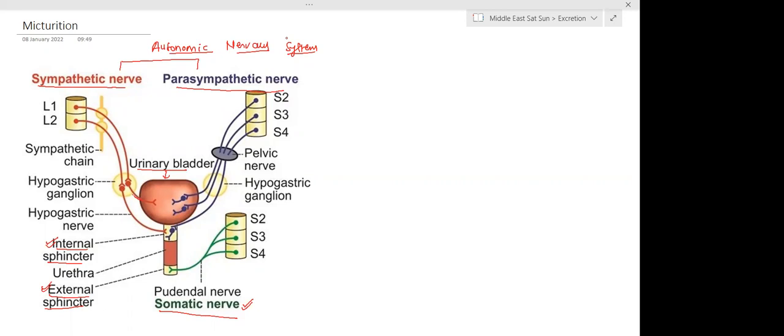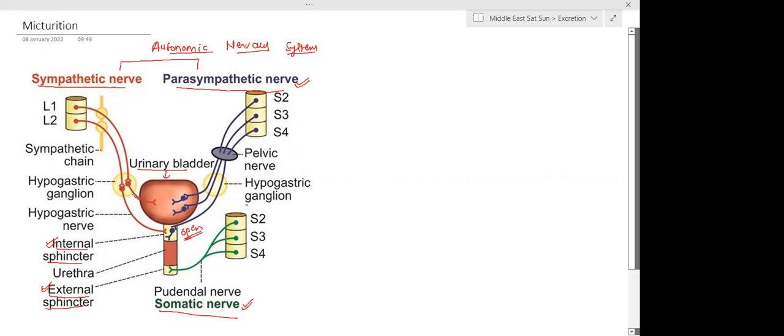Parasympathetic nerve causes relaxation of this one. Look, this one. Parasympathetic nerve causes relaxation of the internal sphincter. It causes, means it opens, right?